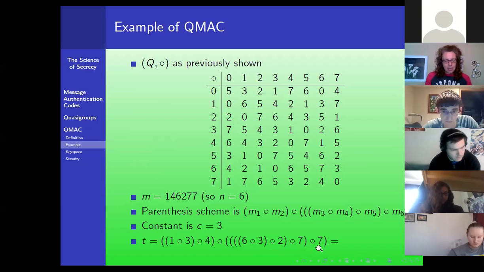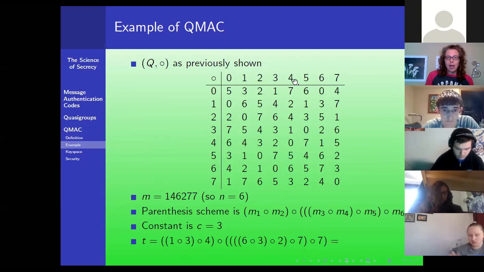So take a minute. Let's see if you can do the authentication tag. Remember, across the top is the first element. Down the side is the second element. Take a minute, work this out, grab a piece of paper, some scrap paper, something like that. Across the top is the first element, down the side is the second.